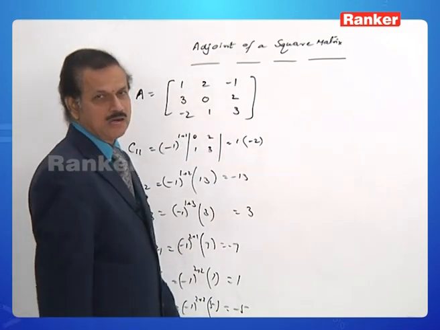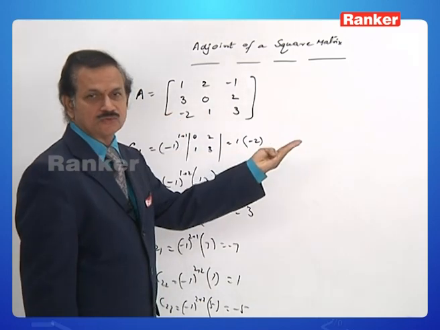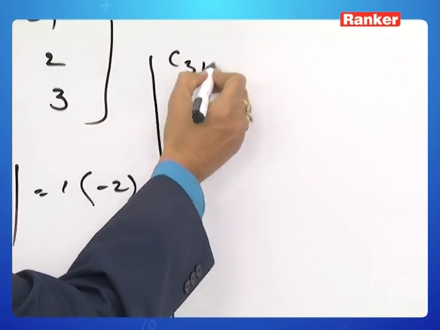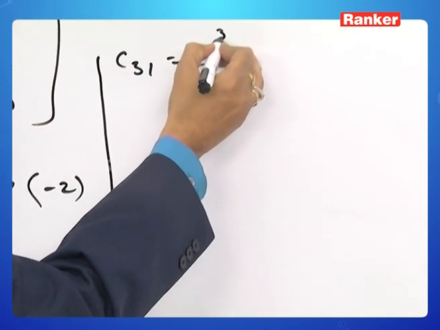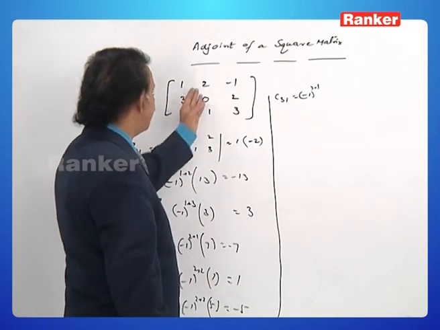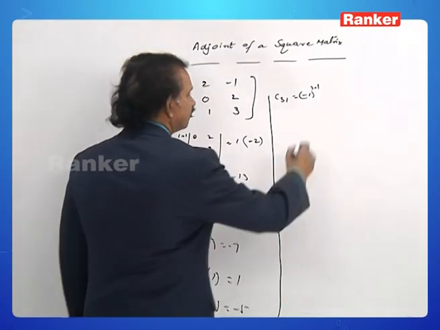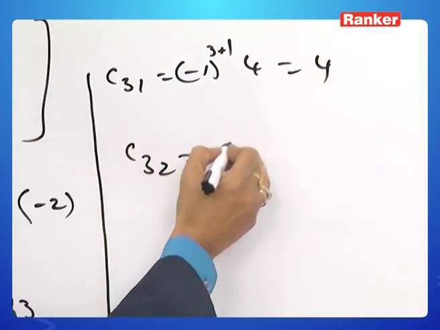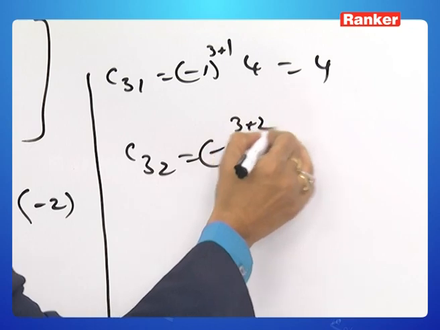So far we have found the cofactors of the elements present in the first row and second row. Now let us deal with the elements of the third row. C31, -1 whole power 3 plus 1. You may have to remove third row and first column. 4 minus 0 is 4. So it is 4. C32, -1 whole power 3 plus 2.